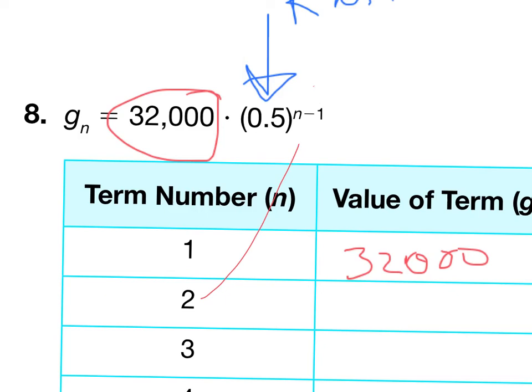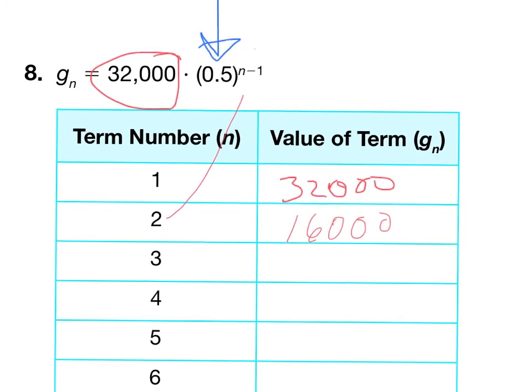So that's 1. So then it's going to be half, because 0.5 to the first power is still 0.5, which really means half. What is half of 32,000? Well, half of 32 is 16, so I'm going to guess it's 16,000. So it looks like it's getting half of the number.